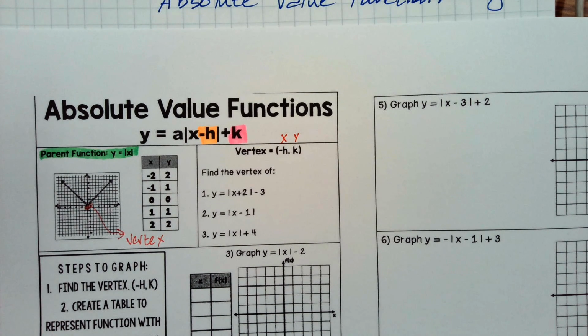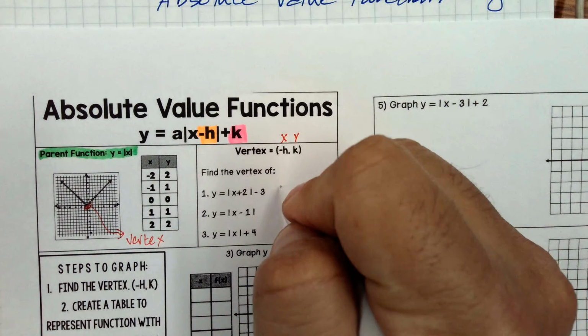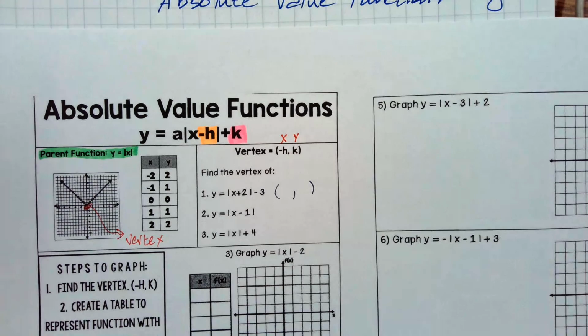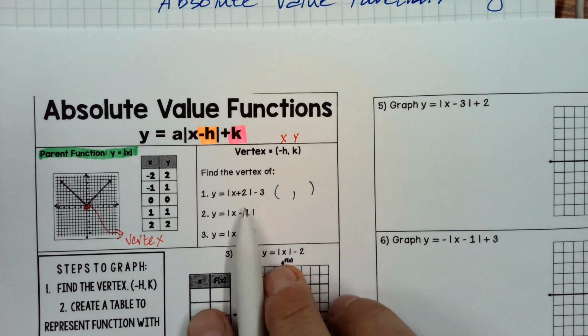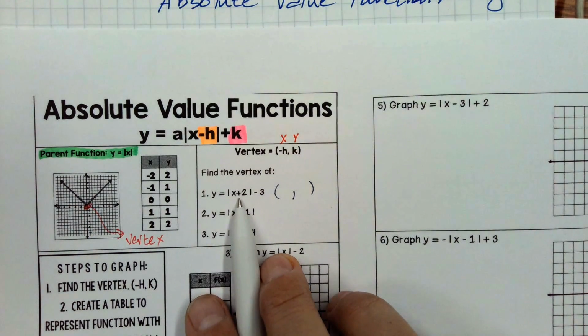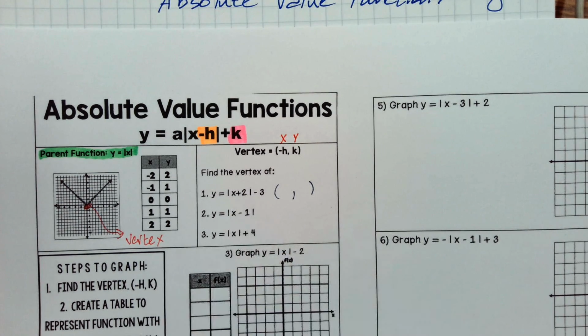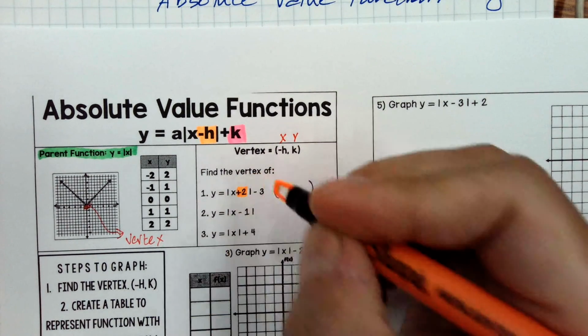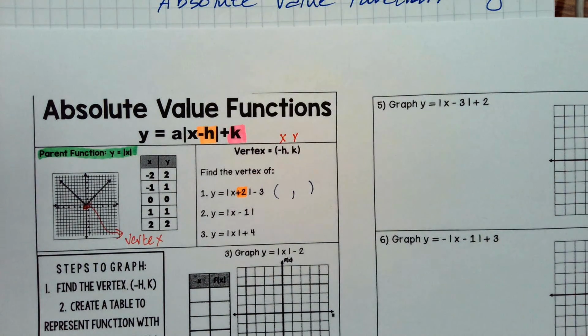So let's practice finding this. First of all, let's look at our h value. This is going to translate into a value for x.